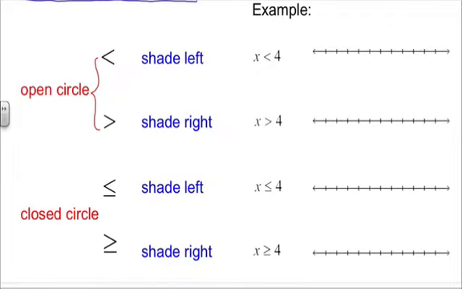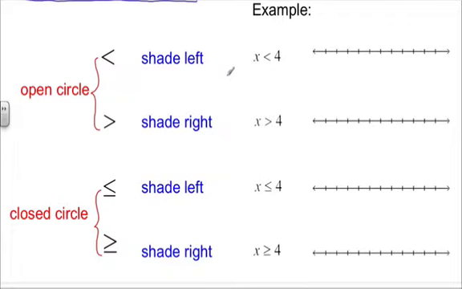If we're graphing less than or equal to, or greater than or equal to, we will use a closed circle for the starting point. If the inequality shows all of the numbers less than, we're going to shade to the left. If the inequality is showing all the numbers greater than, we're going to shade to the right.